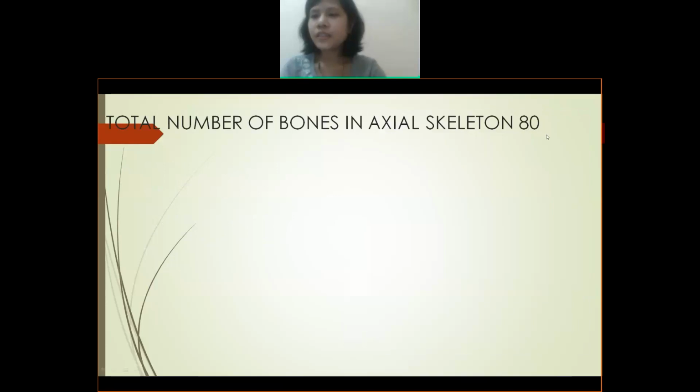That was about the axial skeleton. In the next class, we will discuss the appendicular skeleton. Are you clear about it, everyone? Total number, how many do you have?